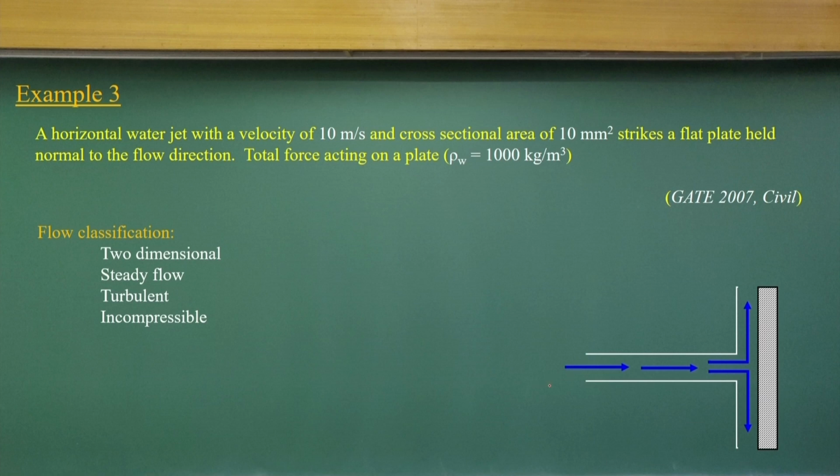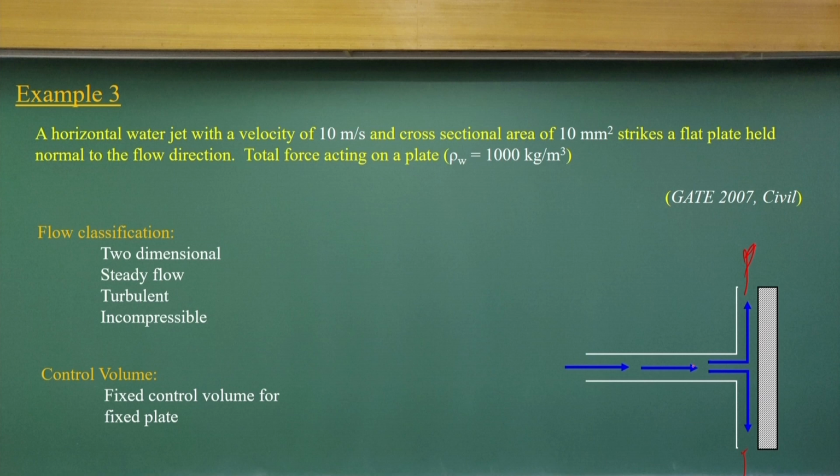If it is a symmetrical water jet, the same amount of water will go in this direction and this direction, because the gravity force has a much lesser component compared to the rate of change of momentum flux. There will not be an imbalance between these two velocity components, so more or less the same amount of flow will go in each direction.